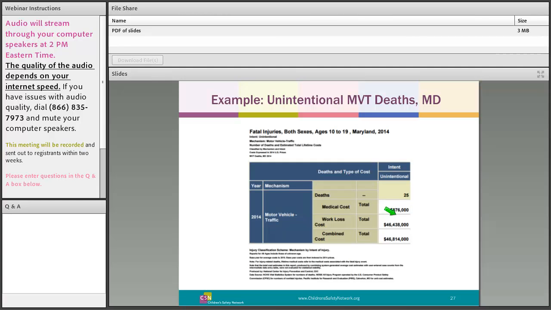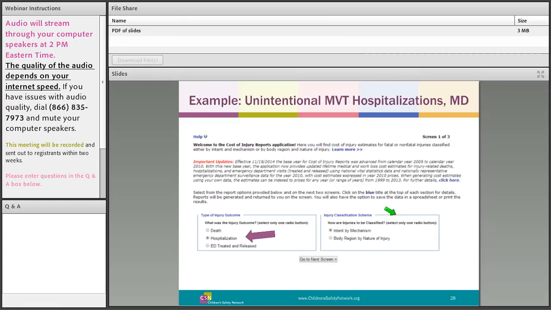Okay, so far we've focused on unintentional motor vehicle deaths, but as we mentioned earlier, the module does provide cost information for non-fatal as well as fatal injury.